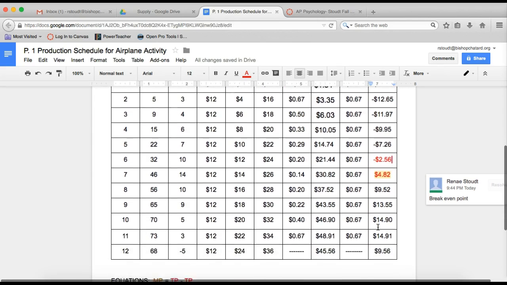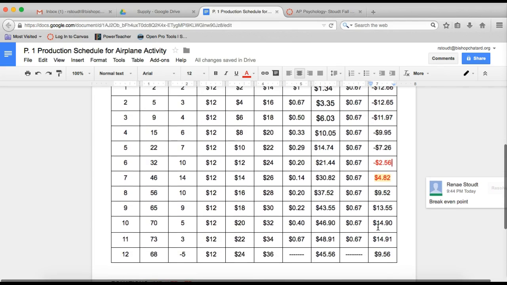The other point that you can tell is going to be the profit maximizing point. And the profit maximizing point is going to be where the profit is the highest and where marginal cost and marginal revenue are the same. So now, obviously, in this case, we do have at 11 workers where we have the highest profit, $14.91.